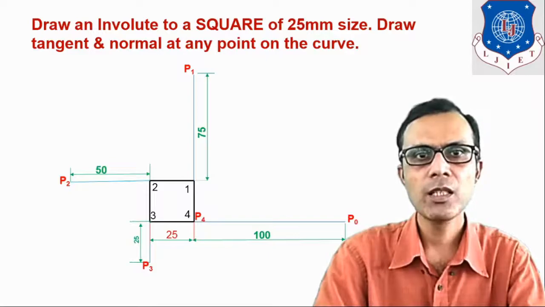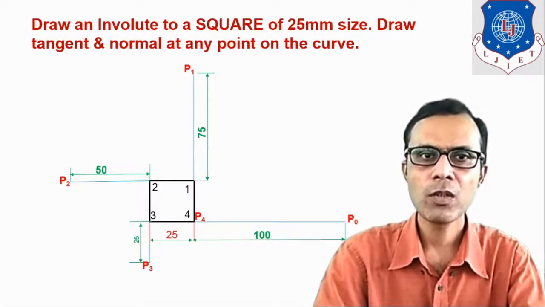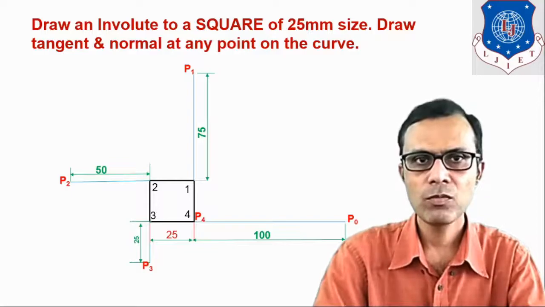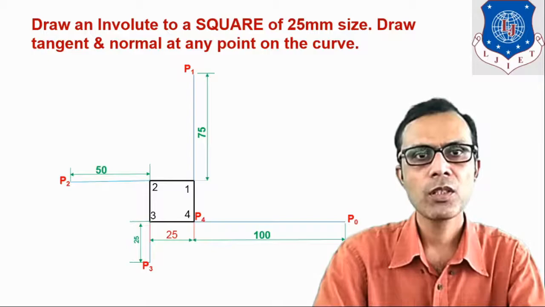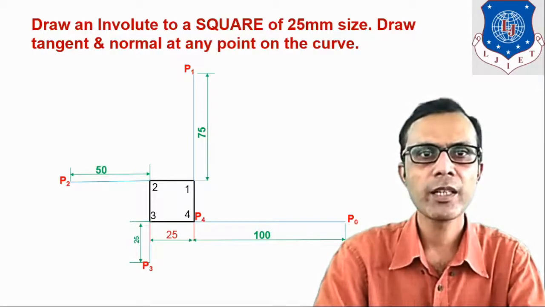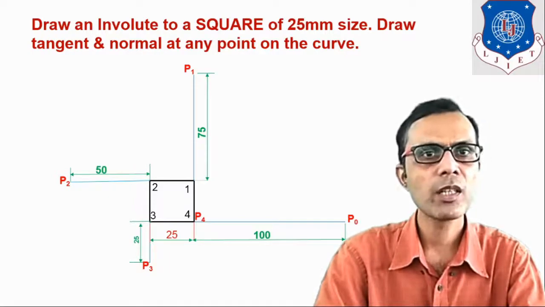These are the different positions of the end point of a string when it is being wound on a square. We have to join all these points, that is the locus of the end point of the string, and that locus or curve is known as involute.